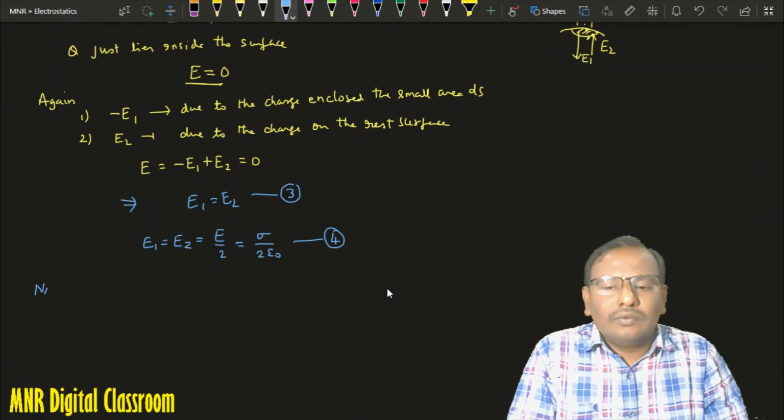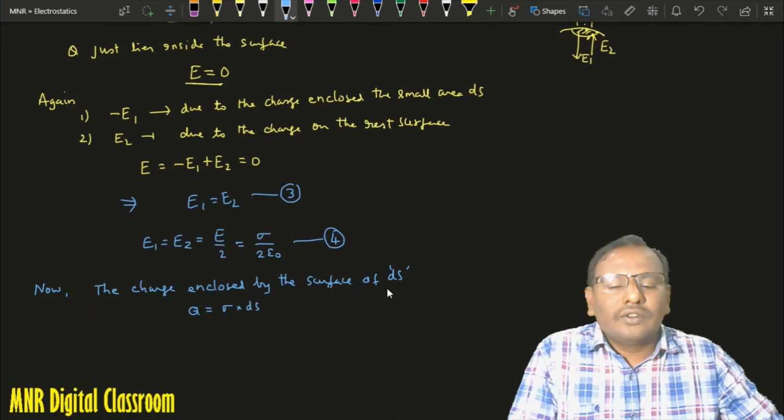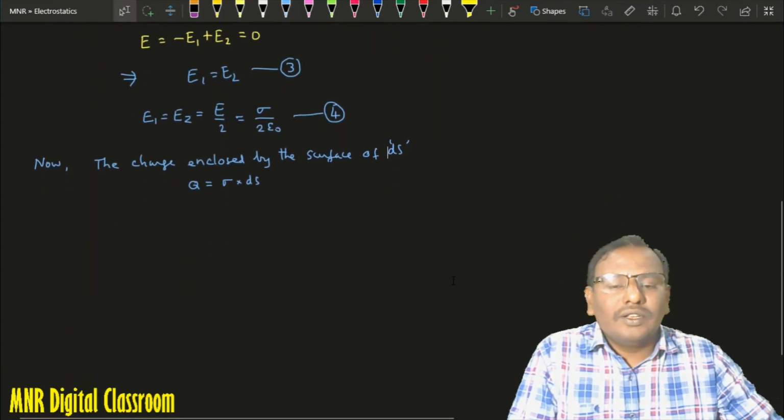Now, the charge enclosed by the surface of area ds is given by Q is equal to sigma into ds.